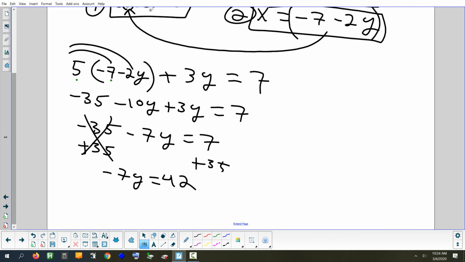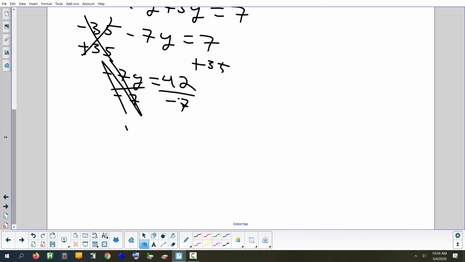And now my last step. Yep. Divide by -7. All that's gone. And does that go in evenly? Does 7 go into 42? It's going to be negative, but yep, so it'll be -6.